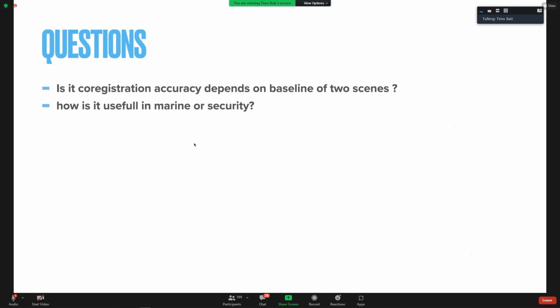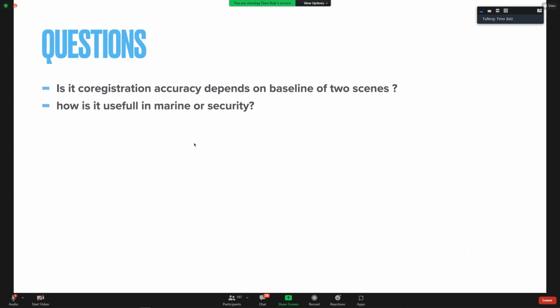Okay. Does the co-registration accuracy depend on the baselines of the two scenes? That's actually a good question, and the answer is yes and no. Actually, let's be honest, the answer is yes. If you have a large baseline difference, it's more difficult to co-register them.